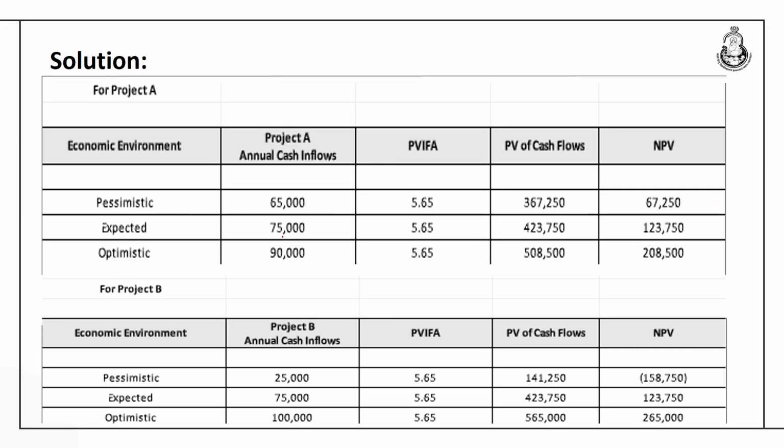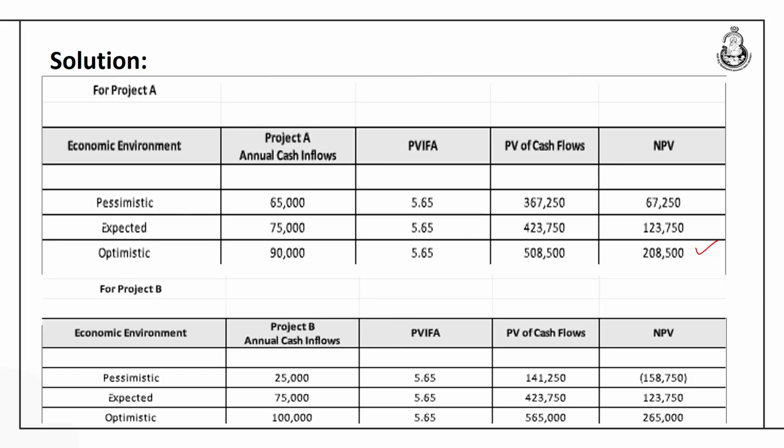In the expected scenario, the NPV is 1,23,750, whereas the optimistic scenario may give us NPV as 2,08,500. So, we can see the range of NPV, which is 67,000 in the pessimistic scenario, whereas 2,08,500 is in the most optimistic scenario.